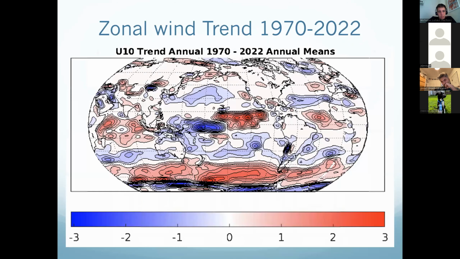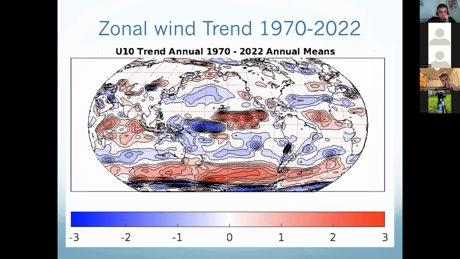This is the trend in the zonal winds from 1970 to 2022 for the annual mean. And in the annual mean, there's a pretty strong signal in the Southern Ocean winds increasing over this period by some substantial amount.